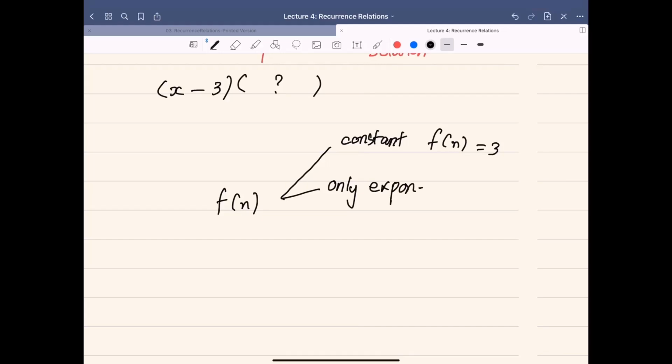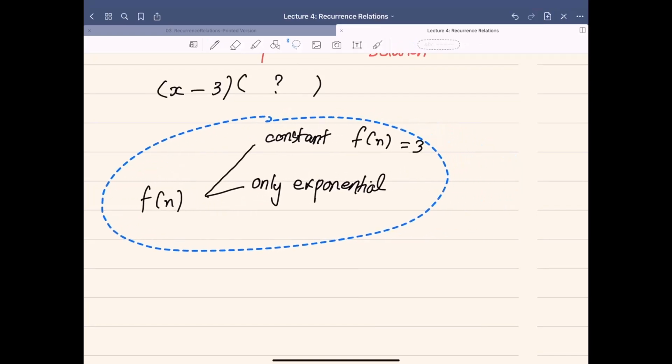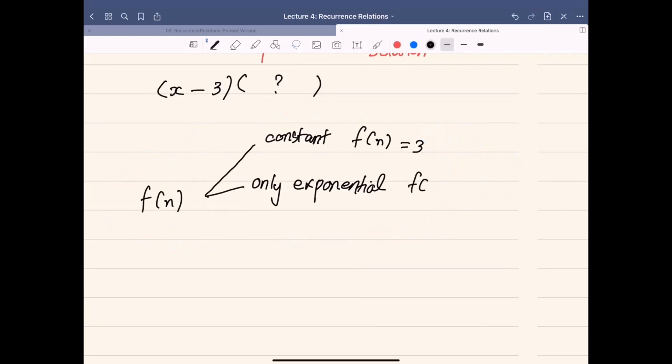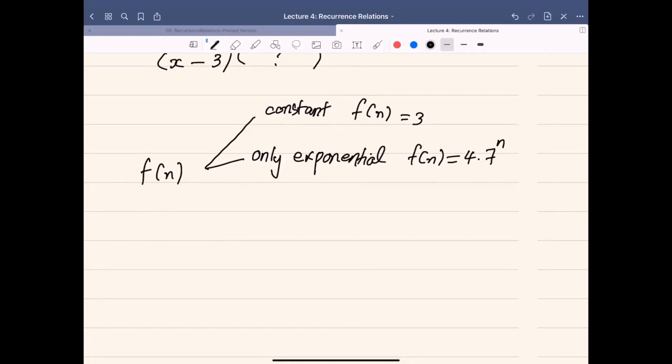Or it can be only exponential. As an example, f(n) is equal to 4 multiplied by, let's say, 7 raised to power n. So this is exponential. Or it can be only polynomial.